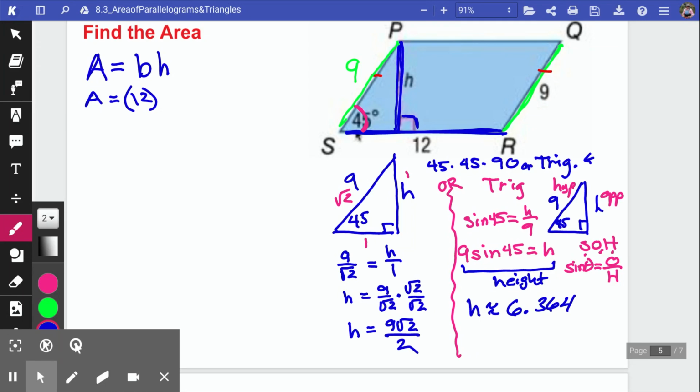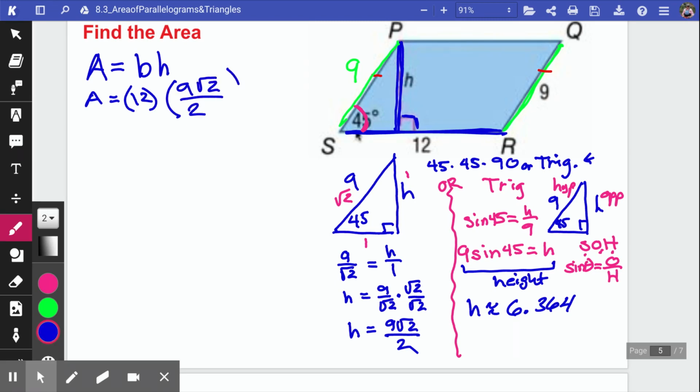Okay, so now let's put those values in here. I'm going to use the special right triangle one first. My height is 9 square root of 2 over 2, and I can combine those things. So really what I have here is 12 times 9, which is 108, times the square root of 2, all divided by 2.